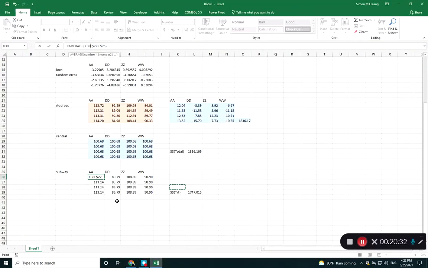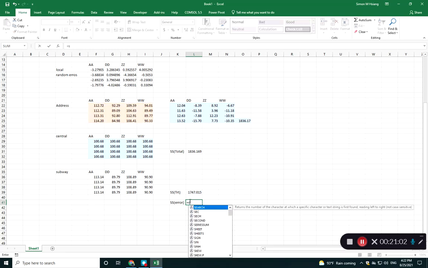Okay, so now we need to calculate the sum of square of the error term. So the sum of square of the error term is what? The sum of square of the total minus the sum of square of the treatment. Should be what? Everybody minus the subway station, right?